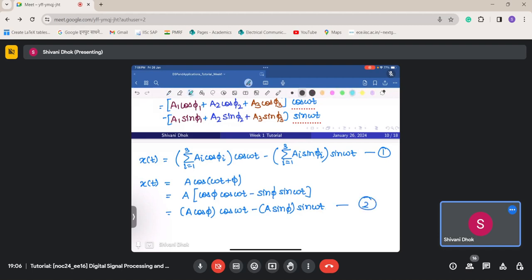If we look at these two equations, both of these represent the same quantity. So if we compare these two, this particular quantity should be equal to this quantity because they are the coefficient of cos of omega t. Similarly, this quantity here will be the coefficient of sin omega t, that is this quantity. So what I am trying to say is this quantity is equal to this quantity, and similarly this quantity is equal to this quantity.